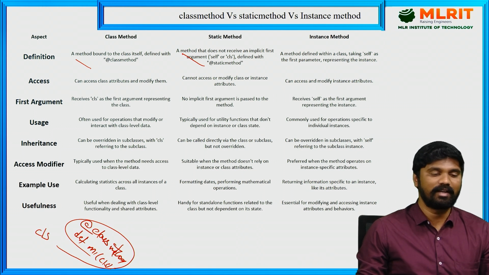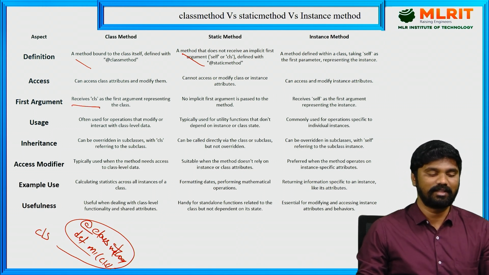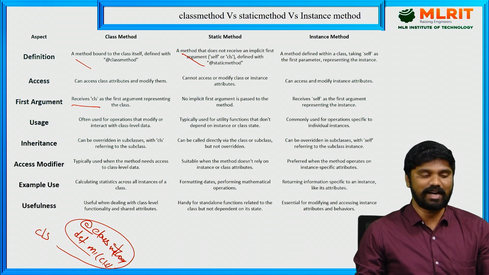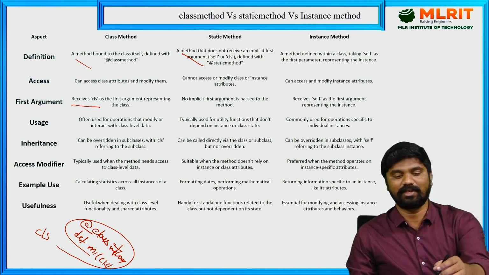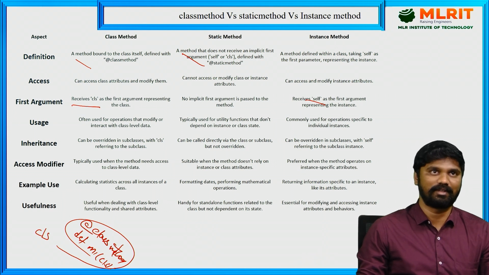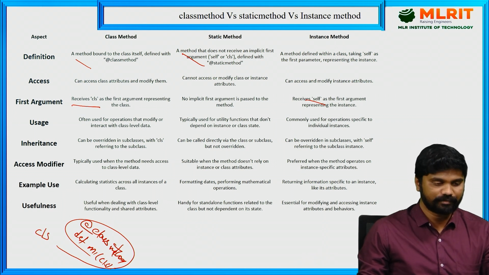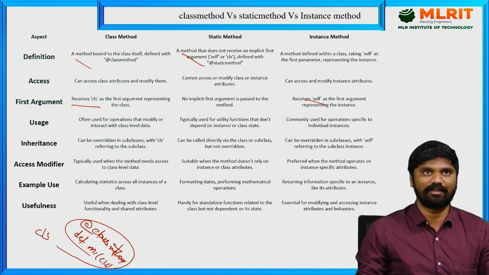Next, in the class method, the first argument, as we discussed, is CLS. In the static method, there is no need to pass any parameter as the first parameter; it is implicit, there is no parameter. In the instance method, the first parameter is the self parameter. Next, usage. The class method is used for operations that interact with class level data.